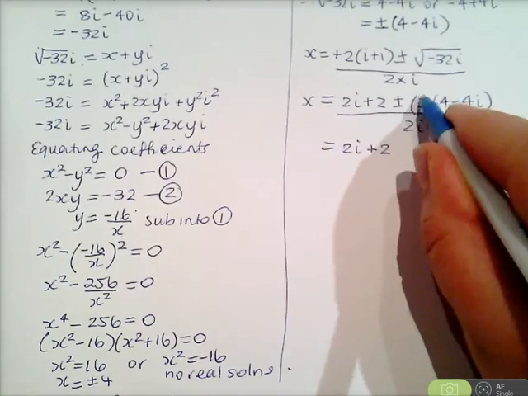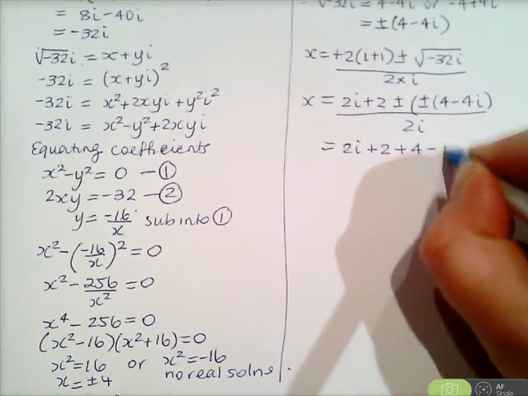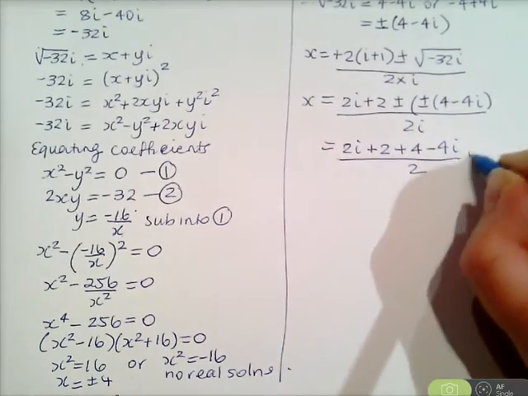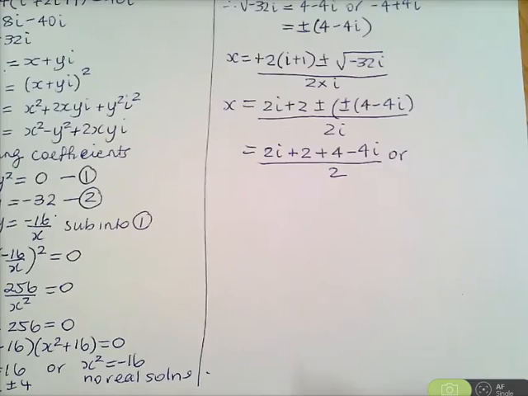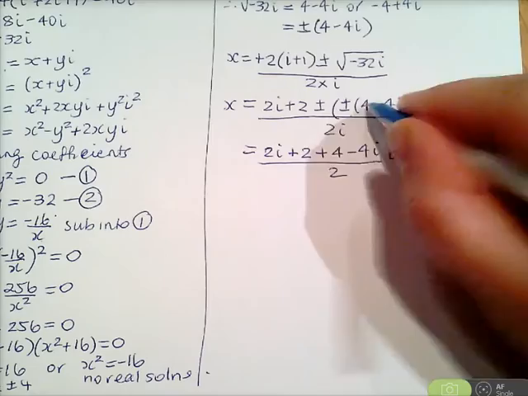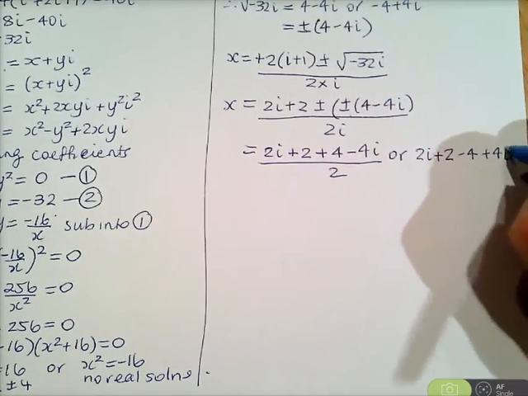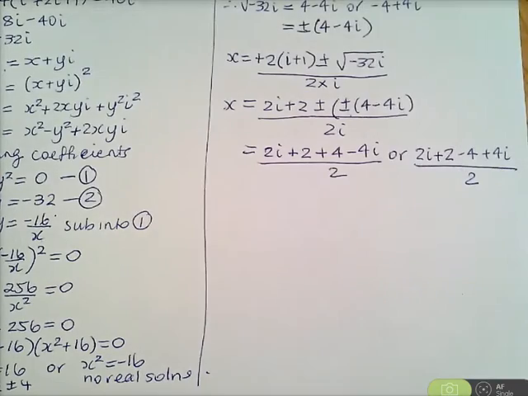Doing the pluses, you can do the plus plus or the minus minus, you get the same. Plus 4 minus 4i over 2, or we can do the plus minus or the minus plus, gives you the same answer. 2i plus 2, we get minus 4 plus 4i over 2.